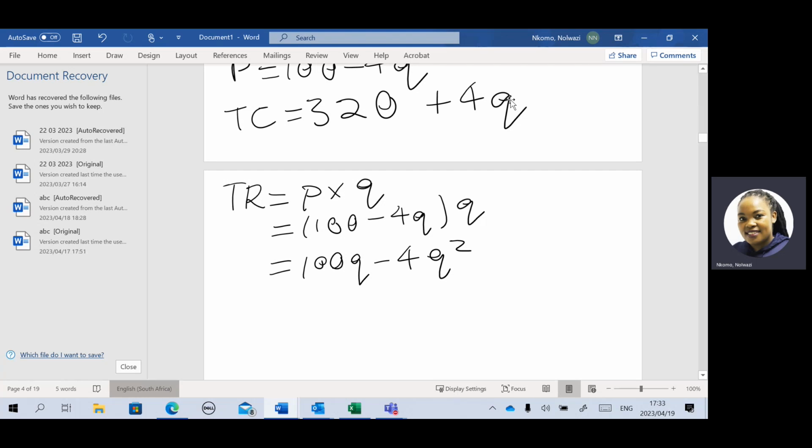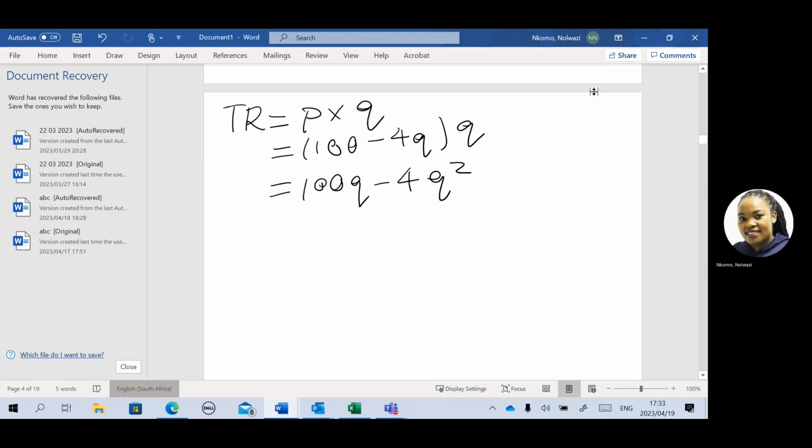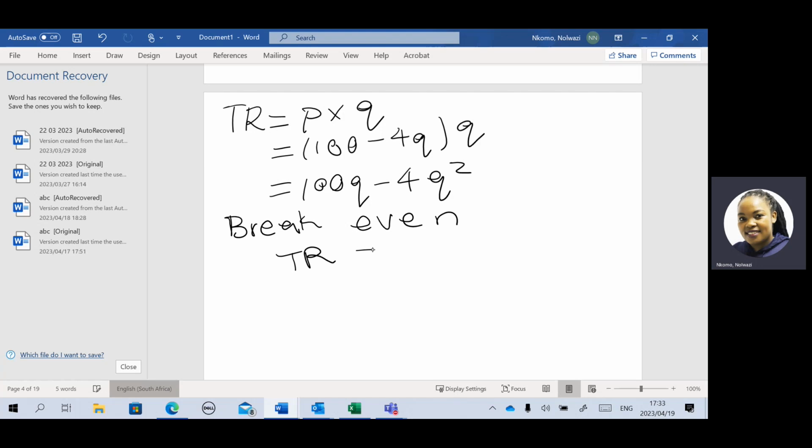Remember, I said break even only occurs where the total revenue is equal to the total cost. So we can use this at break even. Total revenue is equal to the total cost. We know that the total revenue is 100Q minus 4Q squared, and the total cost is given as 320 plus 4Q.